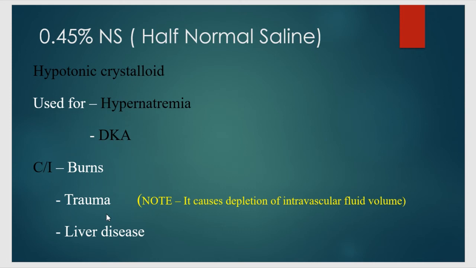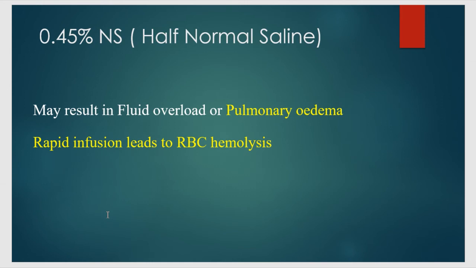Why? Because it causes depletion of intravascular fluid volume in these groups of patients. So depleting the intravascular fluid volume is not a good choice in a trauma patient, in a burns patient, and in a patient who is suffering from chronic liver disease. So 0.45% normal saline should not be given in these groups of patients.